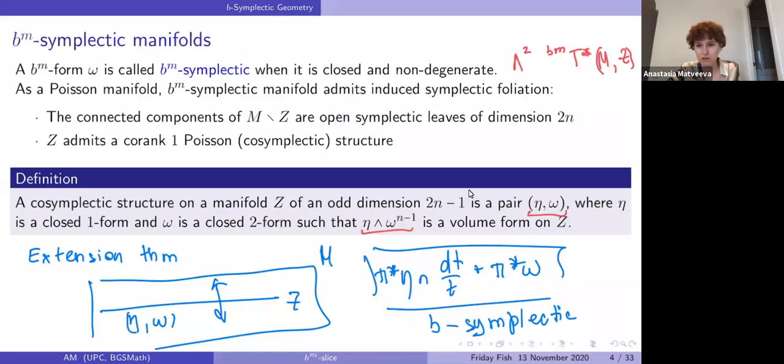The nice part about the theorem is that once you have found an extension, you know that it's unique.